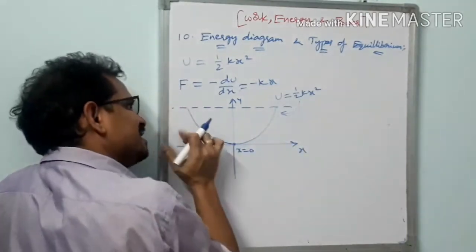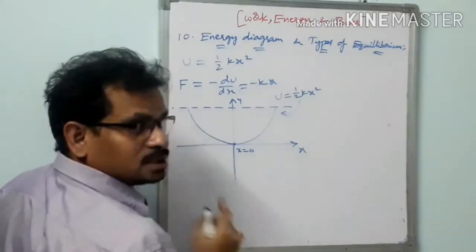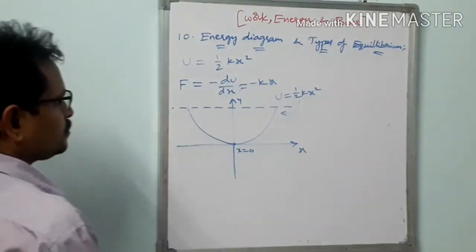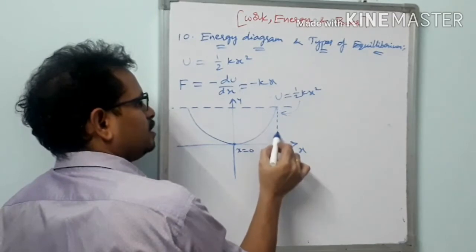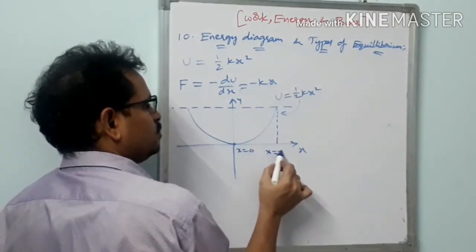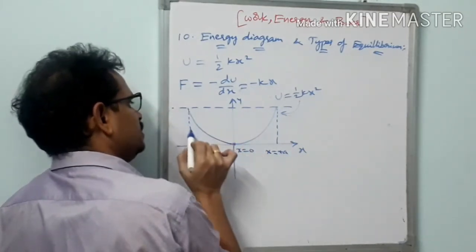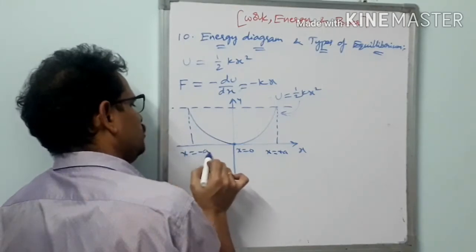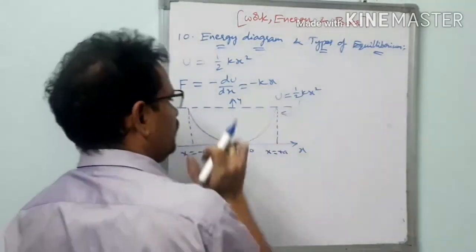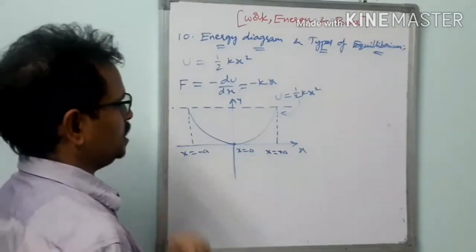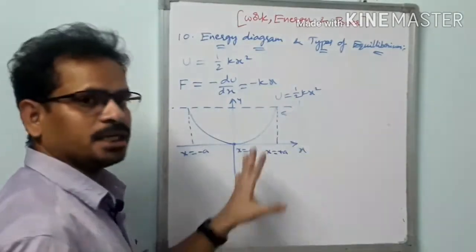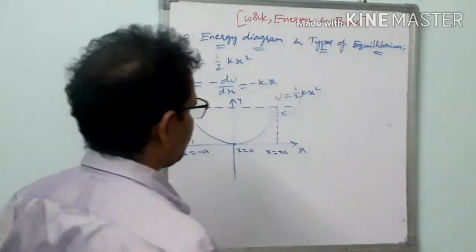When x is less than 0, what is the slope? Slope is negative. And this is the maximum value. Let this be for x equal to plus a, and on this side it is x equal to minus a. So these are the maximum values. This is the minimum value, that is 0 potential energy. So this is the potential energy diagram for spring force.